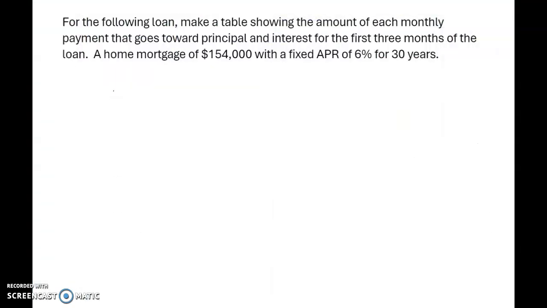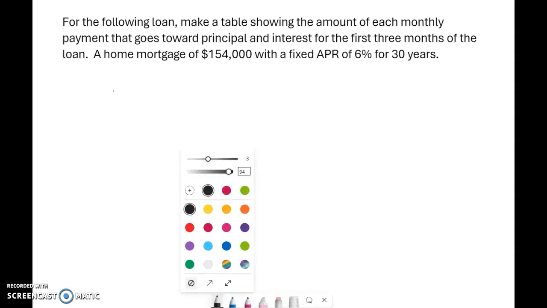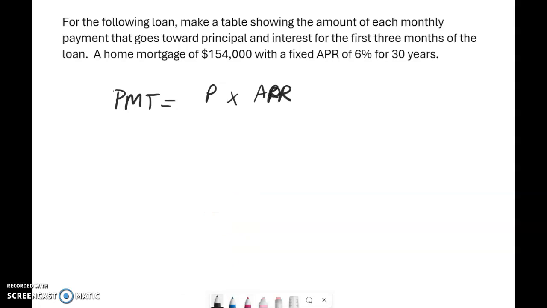Whenever I do these problems, I like to write the formula out so that I have it right in front of me. So let's copy what we have on the formula sheet. And I'm going to copy the parentheses also, because that's very important when I go to put it in the calculator.